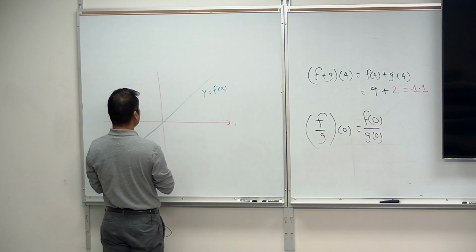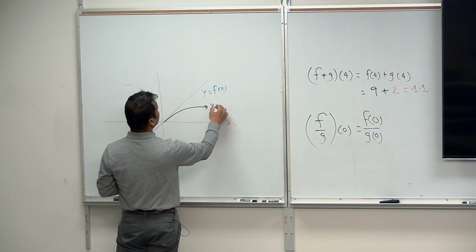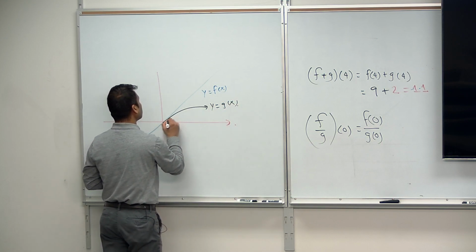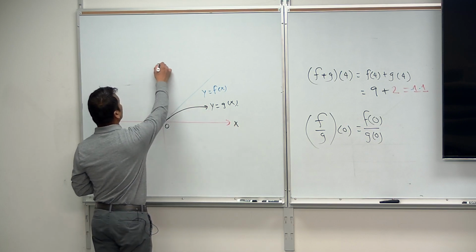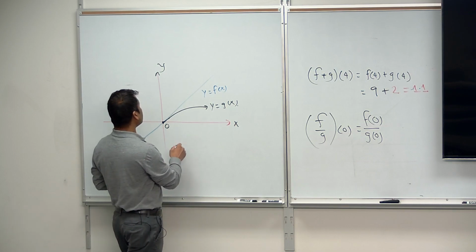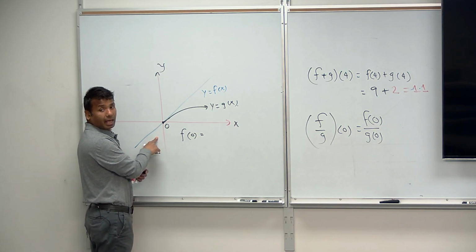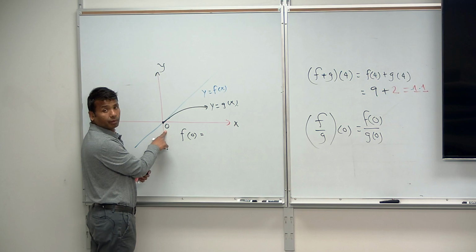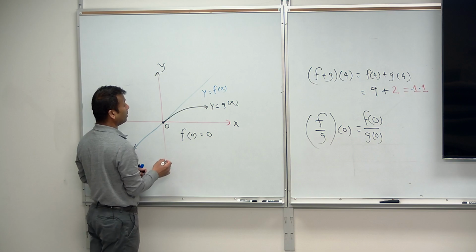And this is your y equals g of x. And this is the origin, okay? So this is the x-axis, this is the y-axis. Is that right? So what is f of 0? What is the value of y when x equals 0? Look at the graph. 0. So f of 0 is 0.